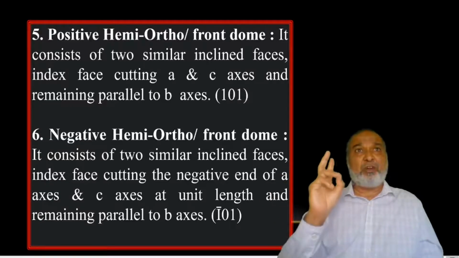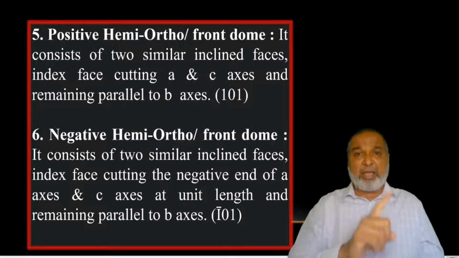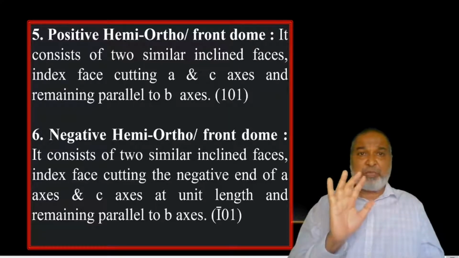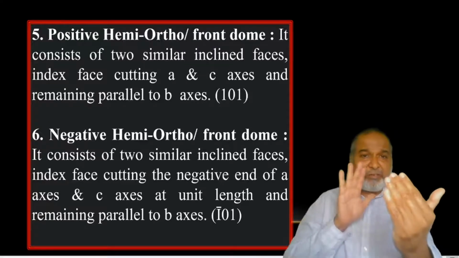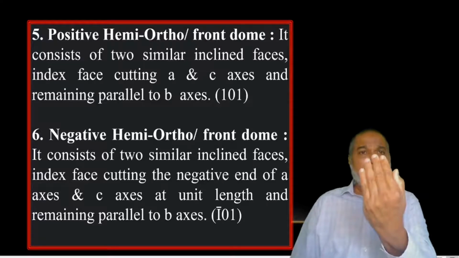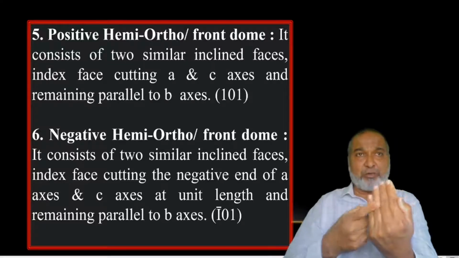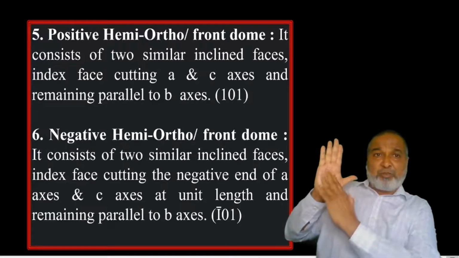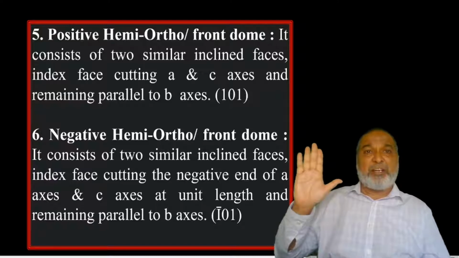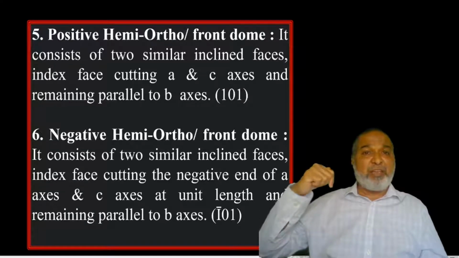It consists of two similar faces. The index face is going to cut your A axis and C axis and remain parallel to the B axis. That is hemi-orthodome. But now one is positive and one is negative. Whichever face is going to cut your A axis, for example this face, will be the positive hemi-orthodome. And the face on the back side, going upward, the back face of this particular dome, will cut the negative end of the A axis.